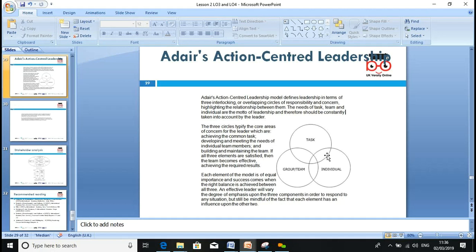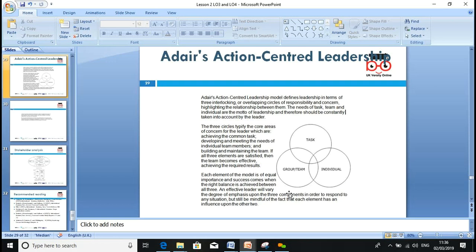If we want to implement the change effectively, these are the interrelated tasks. The three circles tie the core areas of concern for leaders: achieving the common task, developing and meeting the needs of individuals and team members, and building and maintaining the team.